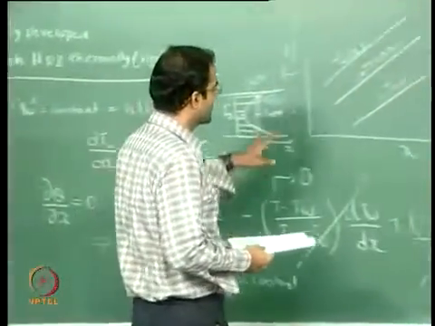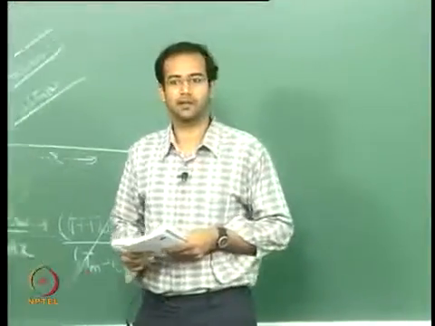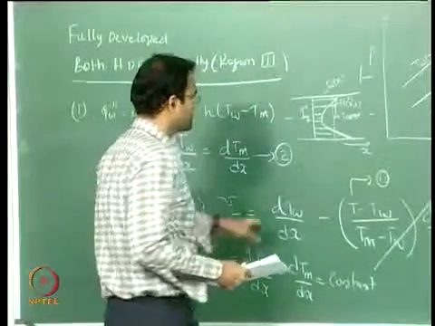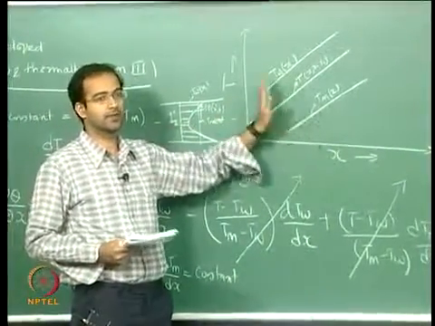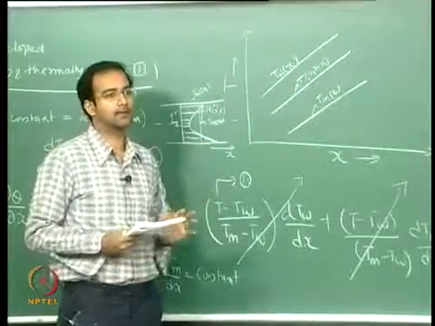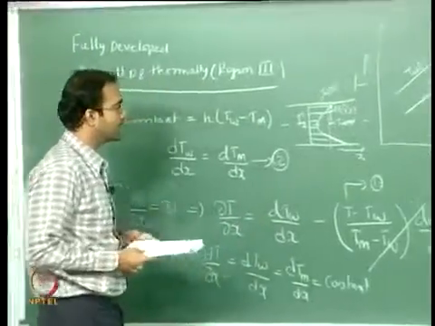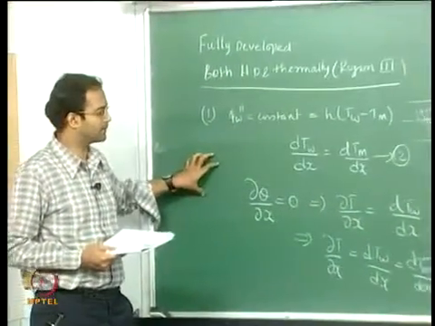This is the characteristic of the temperature variation for the constant heat flux boundary condition. All three variations are identical, just parallel to each other, but they keep varying with the axial position. That is the characteristic nature of the thermally fully developed flow. Of course they have to be hydrodynamically fully developed also.